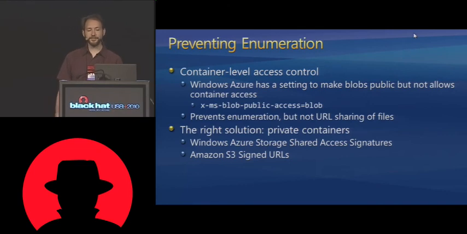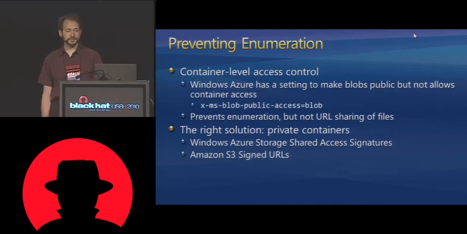The thing about this, though, is it prevents enumeration, but not URL sharing of files. It means someone can't grab one URL off my site and download all my files, but someone can still download all my files and then post the URLs to all of them on a public forum for someone to steal. So it's only a partial solution to the problem.